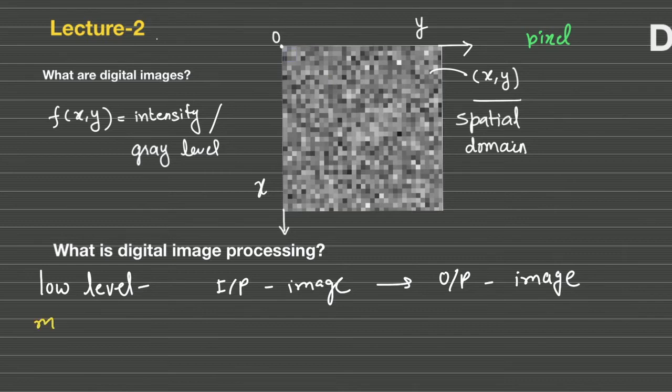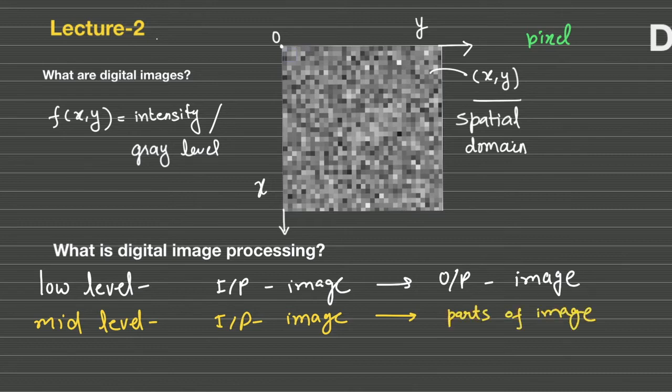Second type is mid-level, where one can get some information out of the image. So input will be an image, but output will not necessarily be in the form of an image, but it can be some attributes extracted from the image. Maybe the output can be some parts of the image.